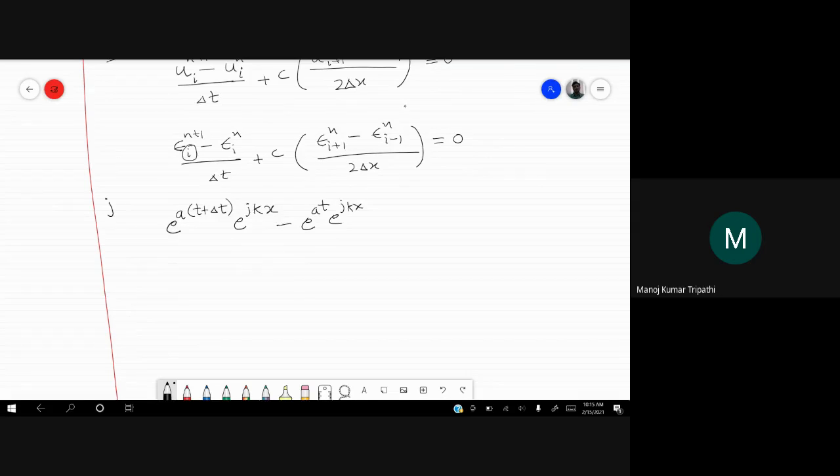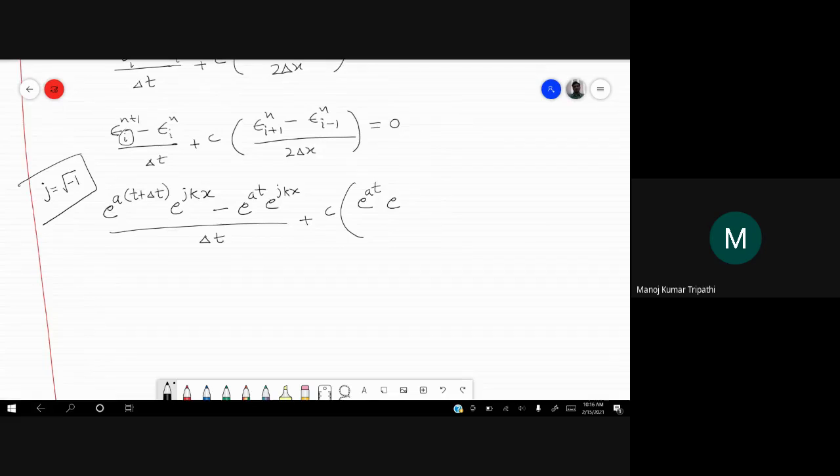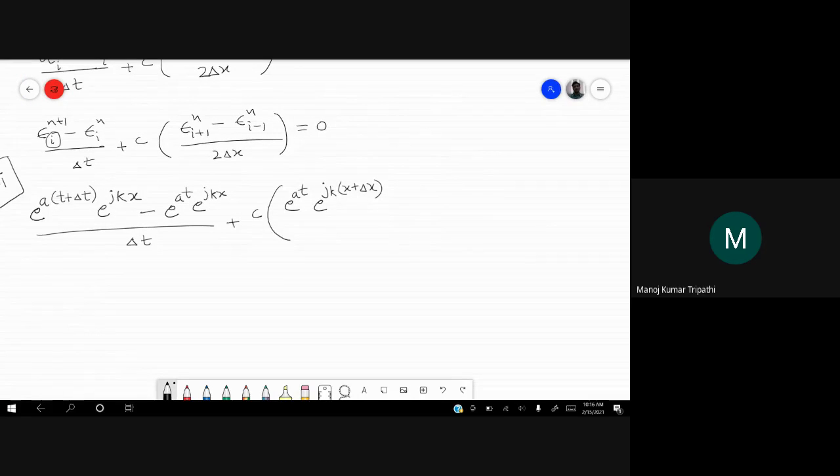So remember that j is square root of minus 1 here. Divided by delta t plus c e raised to the power at, jk x plus delta x, because this is i plus 1th grid point, minus e raised to the power at e raised to the power jk x minus delta x by 2 delta x equal to 0.